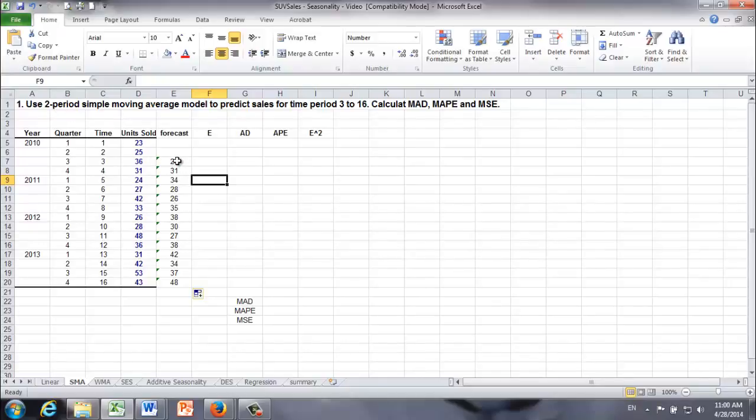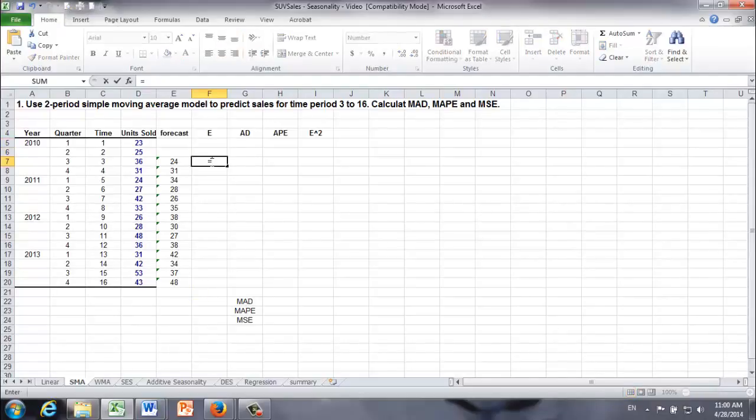Once we created forecasts for each of those 14 time periods, we are ready to calculate forecast error. E stands for forecast error. It's obvious that we have no forecast for time period 1 and 2, so there will be no forecast error for time period 1 and 2 either.